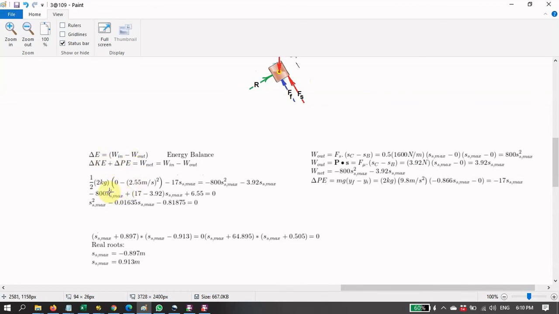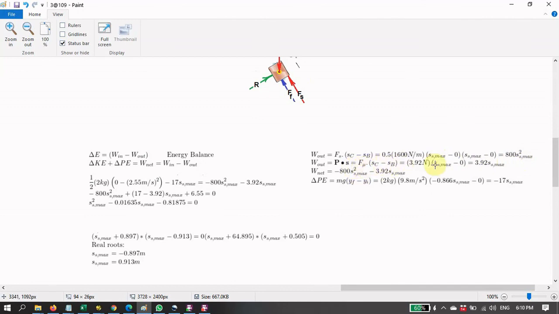The frictional force, not only by the spring force, which is the force by the spring, the definition is half kx squared, right? And the distance traveled is the maximum stretch minus 0 because at B the spring is undeformed, so we get about 800 times the maximum stretch to the power of 2.